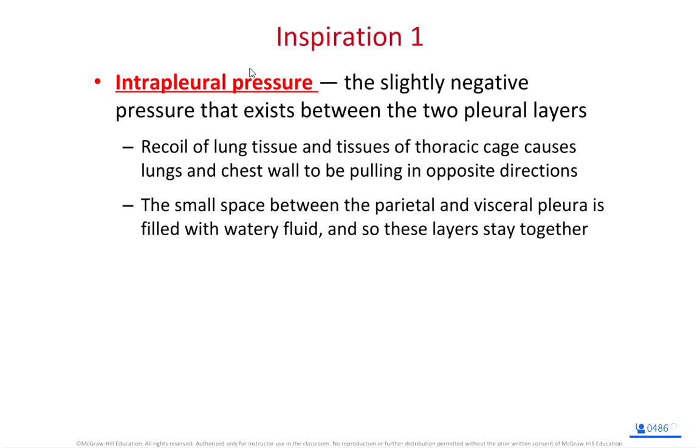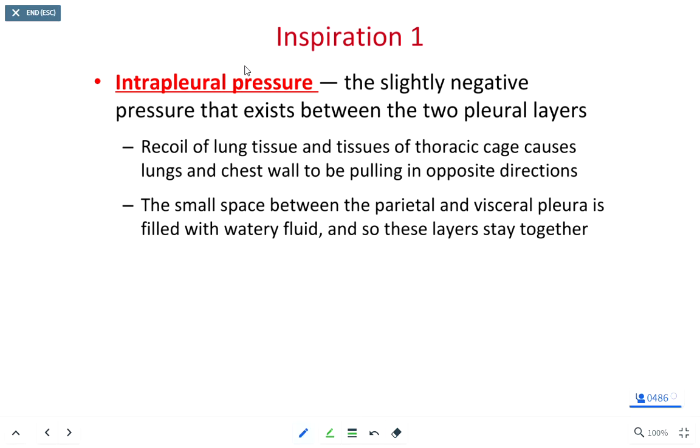These pressures that we're looking at are going to have different names for different parts of the lungs. The intrapleural pressure is going to be the pressure in between pleural membranes. So within the pleural membrane, intra meaning within, what is it within? It's within the pleural membrane, or that double membrane. So that pressure within the double membrane is the intrapleural pressure.